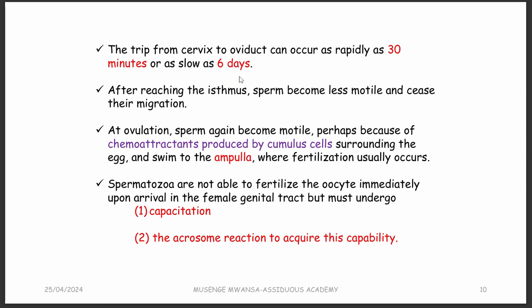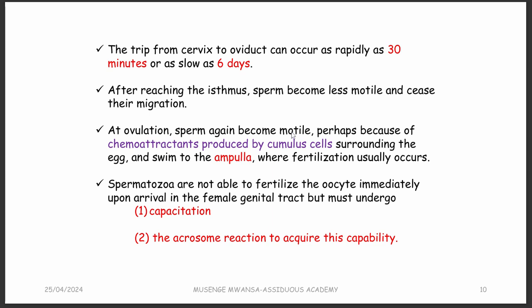6 days. After reaching the isthmus, which is the narrow part, the sperms are going to become less motile and will cease their migration in the isthmus. Then at ovulation, sperm will again become motile, because sometimes the sperms can be released days before ovulation.